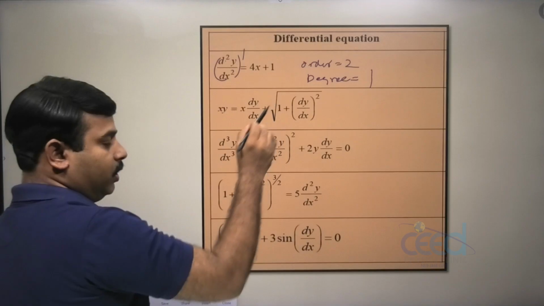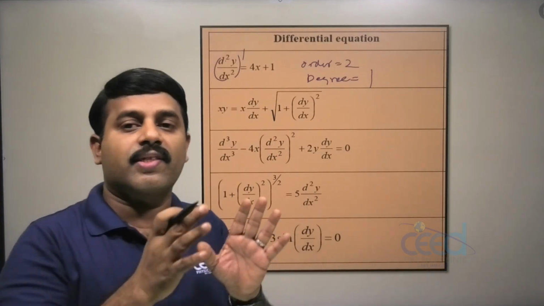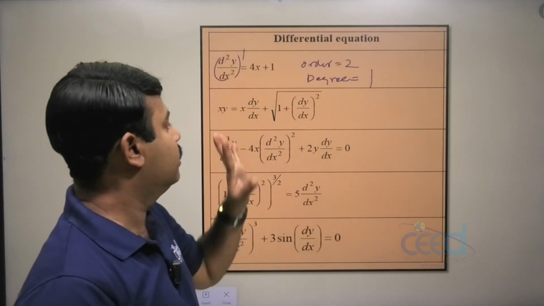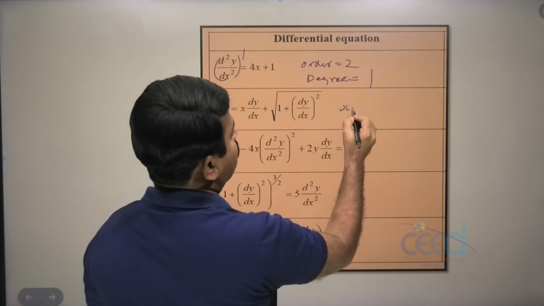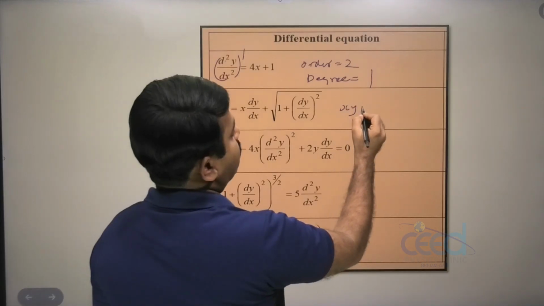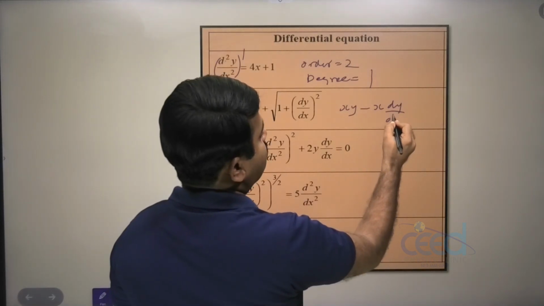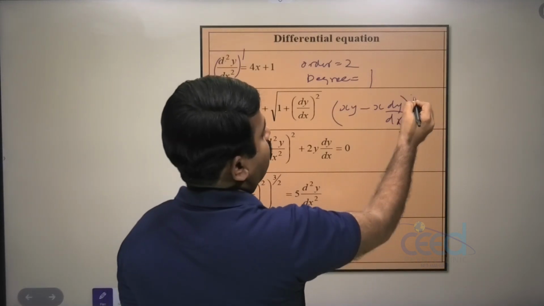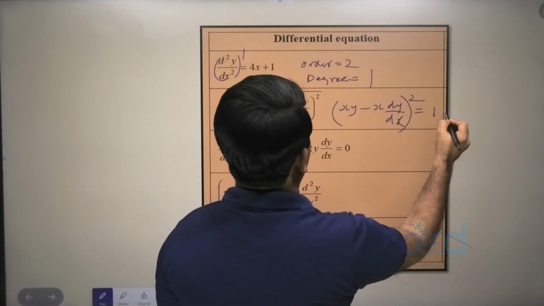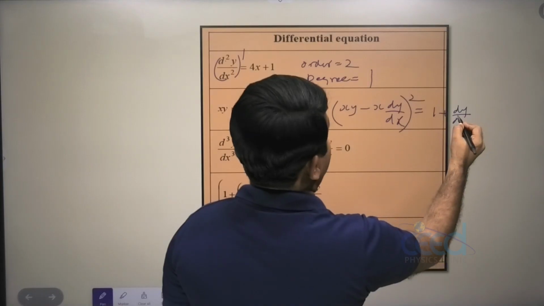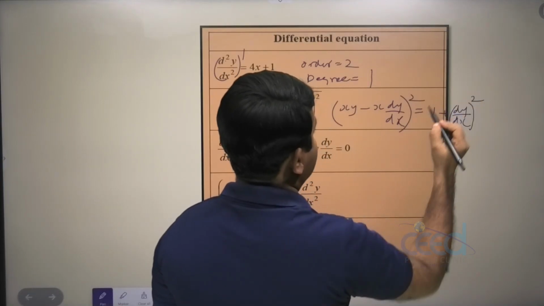It must be free from fractions and radicals, so first we have to remove this root. If you expand xy minus x dy by dx and take the square, then we can remove the root, and we get 1 plus dy by dx the whole square.